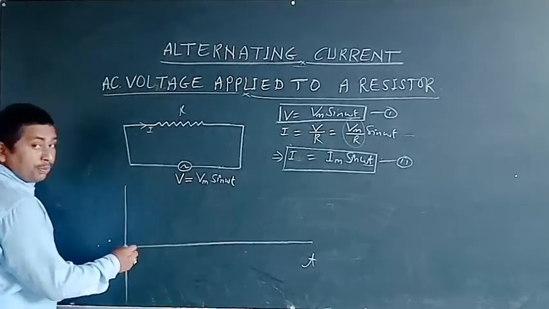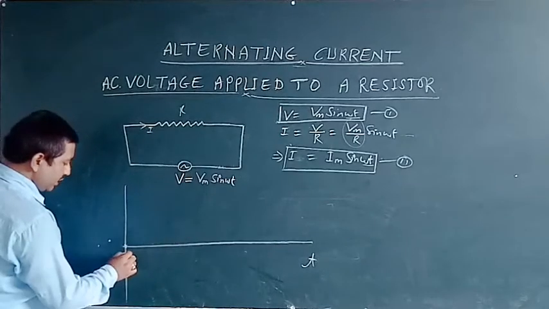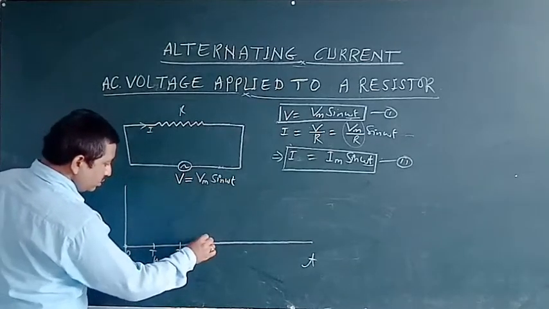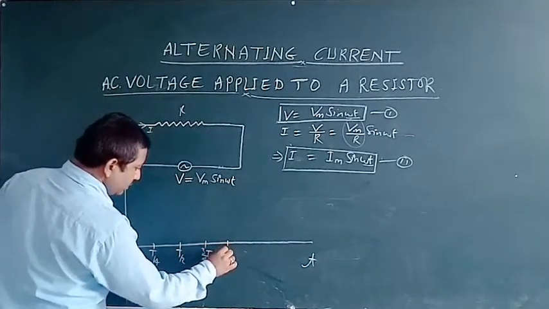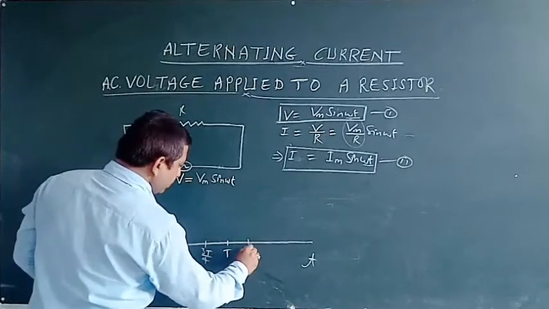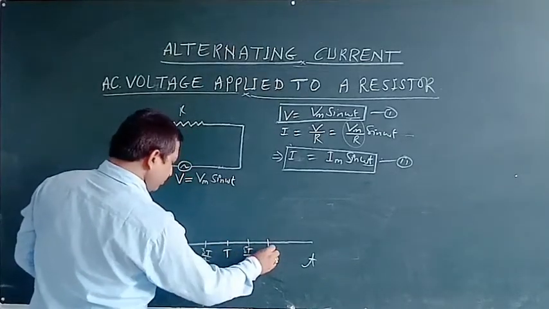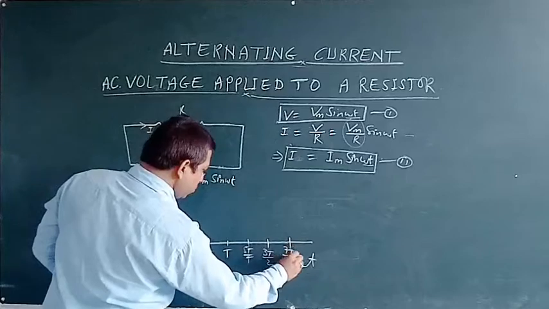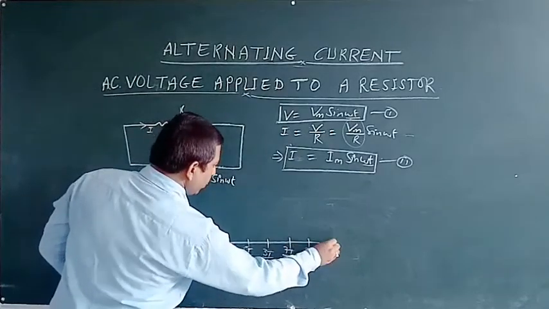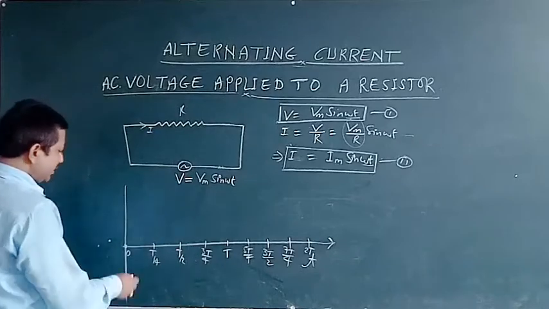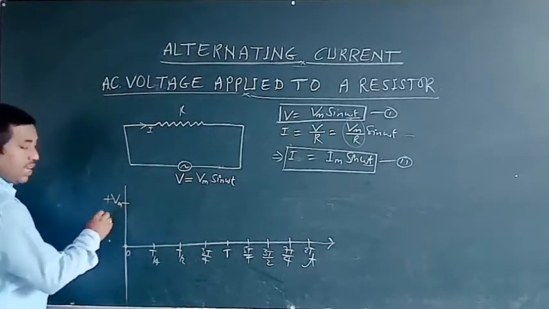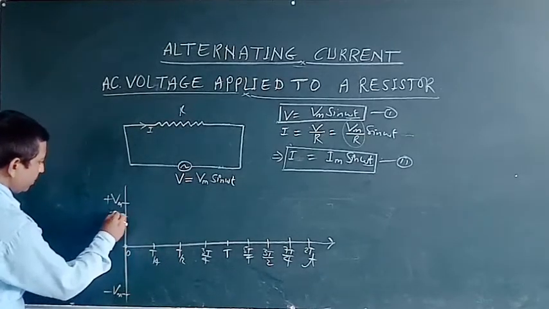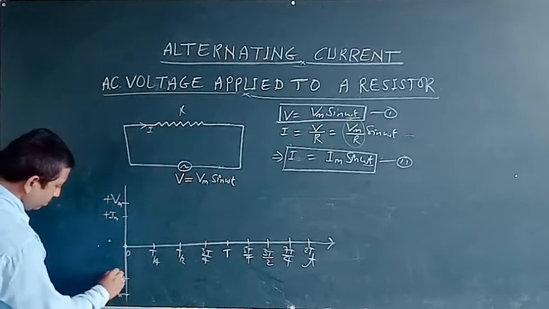If you plot the graph for different time intervals, that is for t equal to 0, T by 4, T by 2, 3T by 4, T, 5T by 4, 3T by 2, 7T by 4 and 2T, suppose that this is the value of plus Vm, this one is minus Vm, this one is plus Im and this one is minus Im.